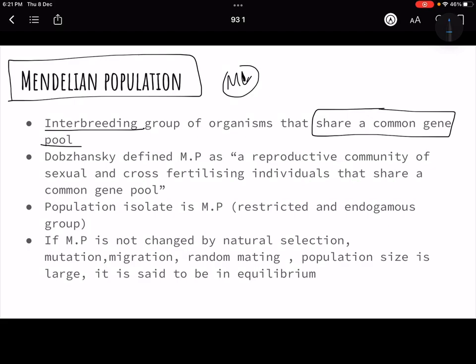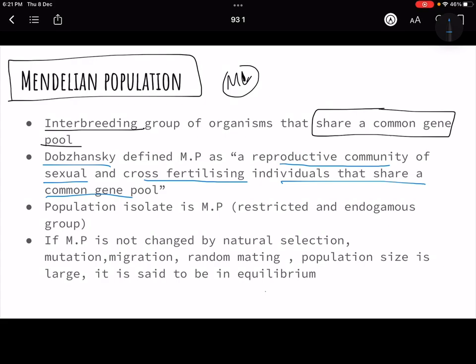Dobzhansky defined a Mendelian population as a reproductive community, a reproductive community of sexual and cross-fertilizing individuals. Sexual, obviously, because here we are not talking about asexual reproduction; we are strictly talking about sexual reproduction and cross-fertilizing individuals that share a common pool.